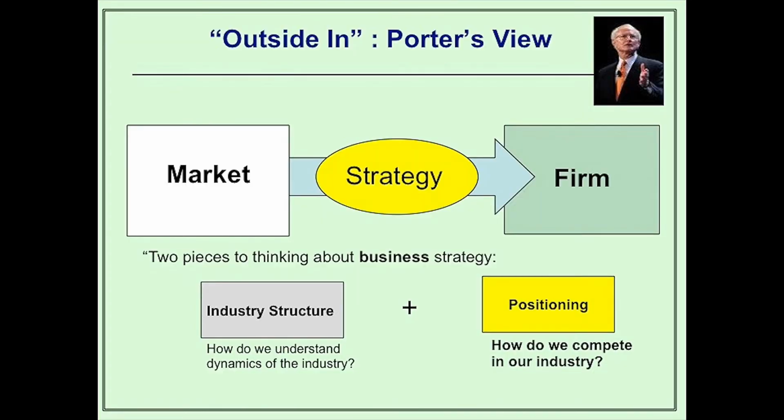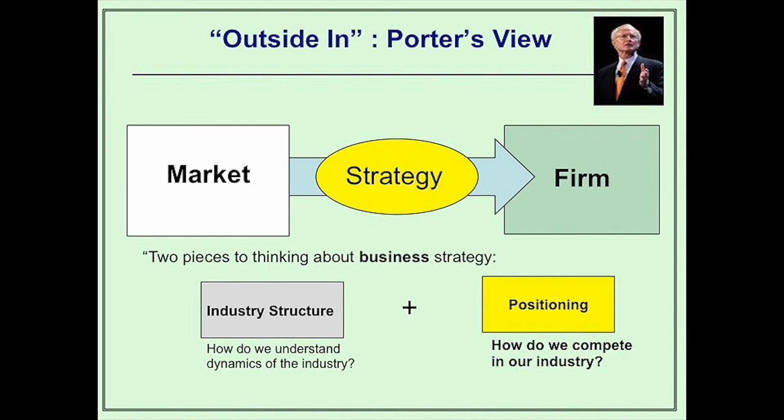So yes, for Porter, very much you need to have a deep understanding of that industry structure. But that is not enough. You also have to choose your position in that industry. So choose a defensible position, choose a way in which you compete, and so have competitive advantage through that choice.